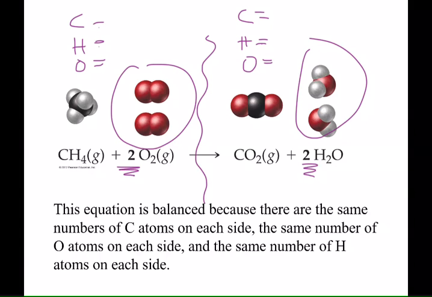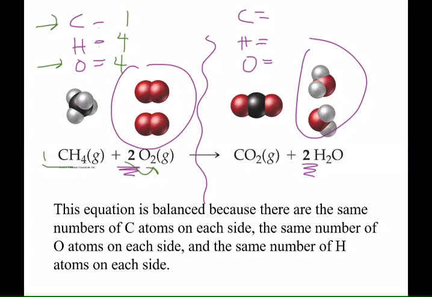So on this side, how many carbons do I have? I have 1 carbon. On this side, how many hydrogens do I have? I'm liking 4 hydrogens. On this side, how many oxygens do I have? Well, I have 2 times 2, and this is oxygen atoms, so I'm thinking 4.